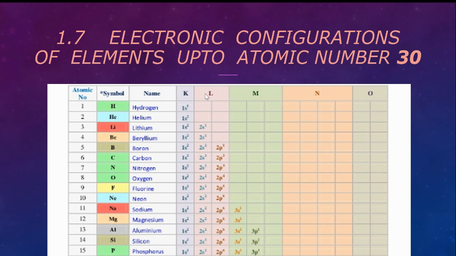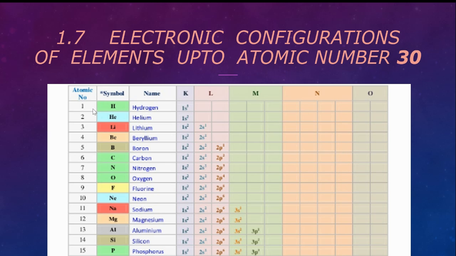In the second shell L, there are two subshells, S and P. In the third level, M, there are three subshells, S, P and D. And in the N shell, there are four subshells, S, P, D and F.